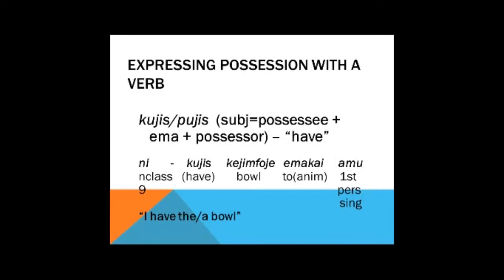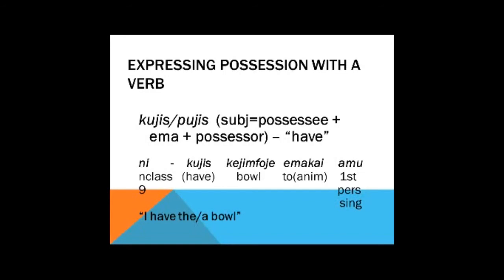Kuyis, where you're talking about just in general terms; puyis, where you're talking about kin or an associate or a friend, etc. The mechanics of the structure are a bit different to English. It's better understood if you think of it this way. So if you want to say something like I have a bowl in Latropeth, what you're literally saying is a bowl is to me.